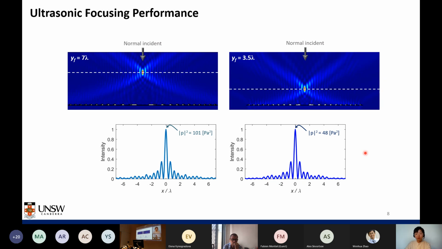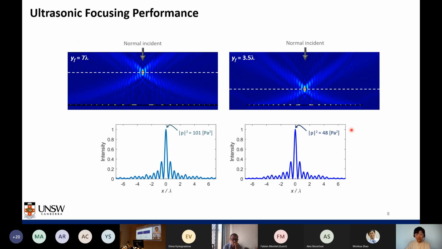Here shows the performance of the proposed metagrating-based lens for two different focal lengths, YF equals 7 lambdas and 3.5 lambdas respectively, at frequency equals 40 kilohertz. The top two figures show the numerically simulated intensity field generated by two different metagrating lenses when a normal plane wave incident is applied to the structure.